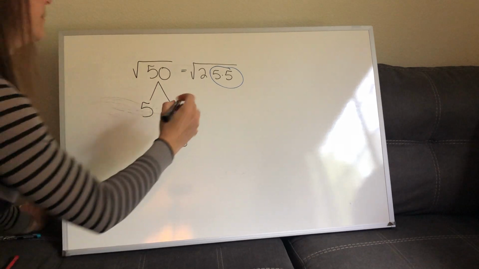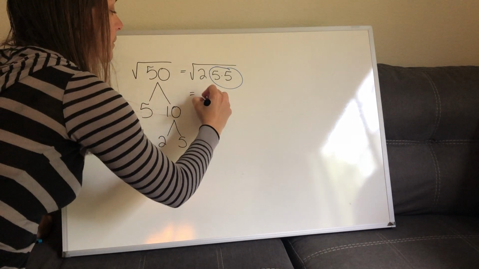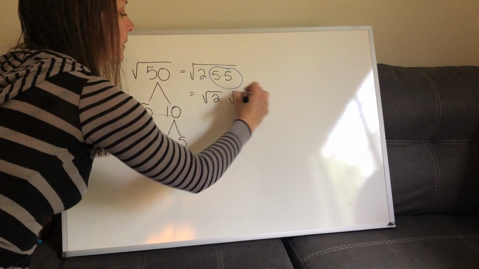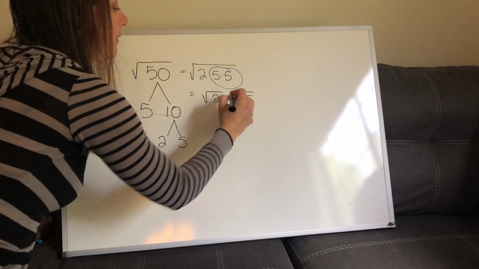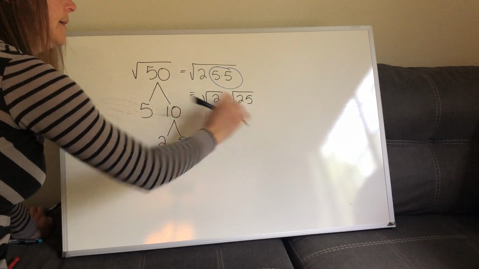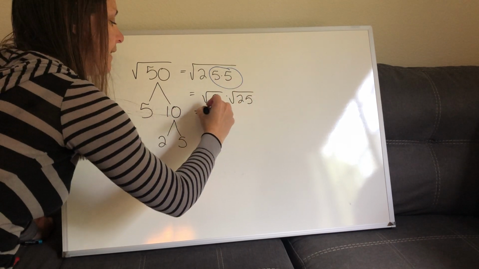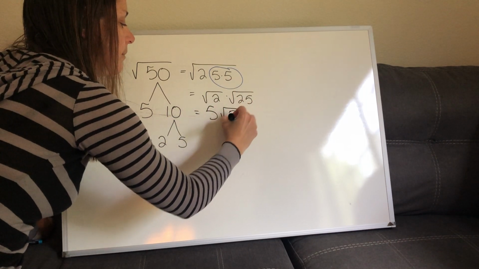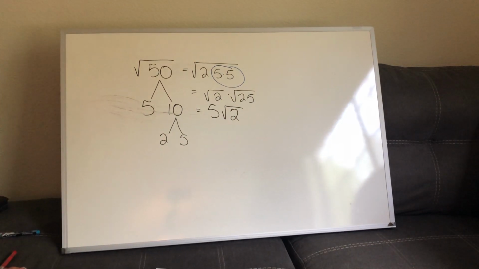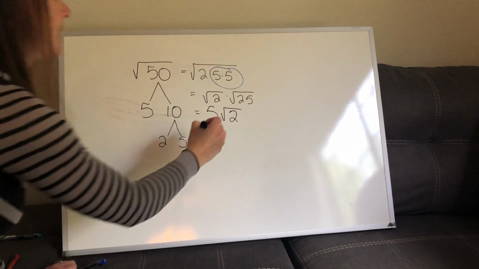There is a pair, so then again it would maybe look like this, and oh yeah, there's my perfect square. What is the square root of 25? It's 5, so that would become 5 root 2. Final answer on that one.